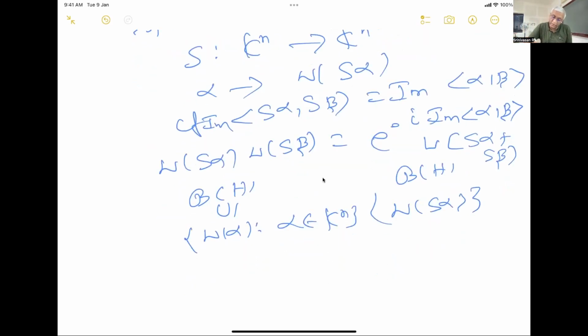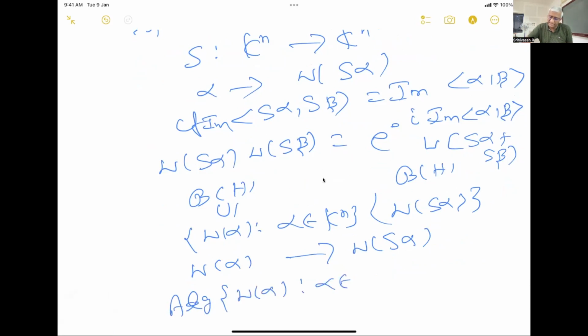It is a homomorphism between the algebra generated by W(α), which is just the span, α in C^n, to the algebra generated by W(Sα), α in C^n. Both these sets generate B(H). So does it really extend to B(H)?